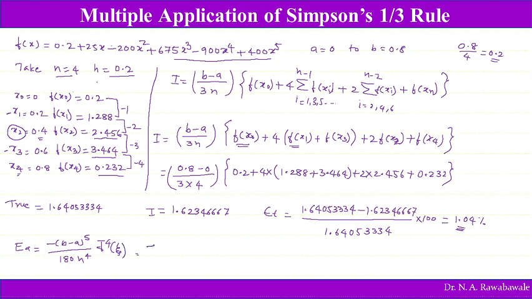So minus b minus a, b is 0.8 minus 0, to the power of 5 whole divided by 180 into n to the power of 4. N value is 4. So here we have divided it into 4 segments, so n value is 4, 4 to the power of 4, into this f bar fourth order of zeta is minus 2400, which we have calculated in previous problem. So minus 2400.